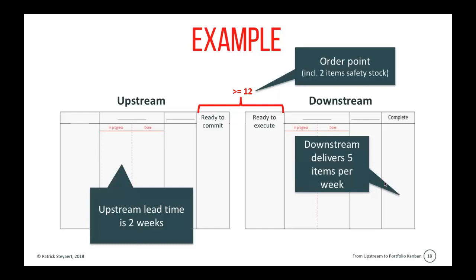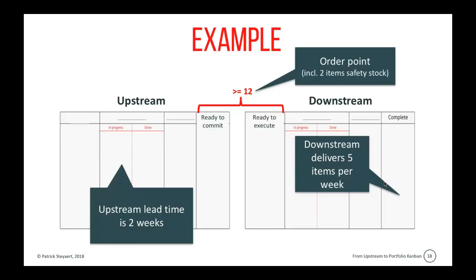Now the dynamics of it is that, let's say that we have 5 items in the ready to execute and 5 items in the ready to commit, and over the delivery period of a week, the ready to execute will deplete the 5 items. So that means that we need to have 5 extra items in the ready to commit.